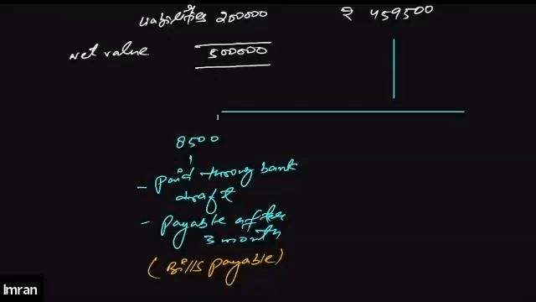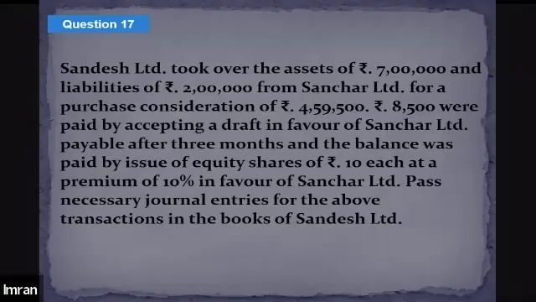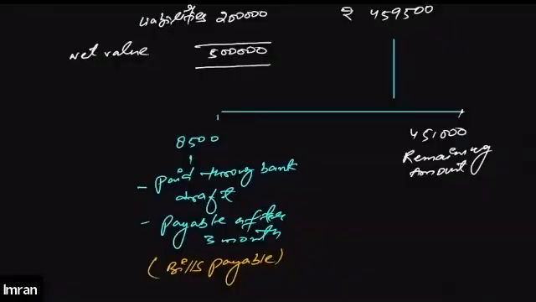just a minute. 4,59,500 minus 8,500. The remaining amount is 4,51,000. So 4,51,000 for the remaining amount, the company, Sandesh Limited, has decided to issue equity shares having a face value of 10 each at a premium of 10%.